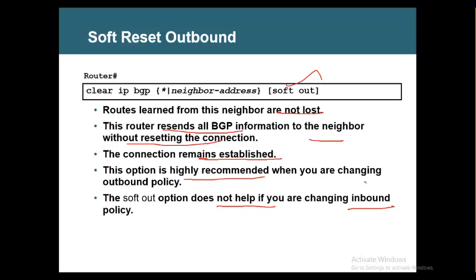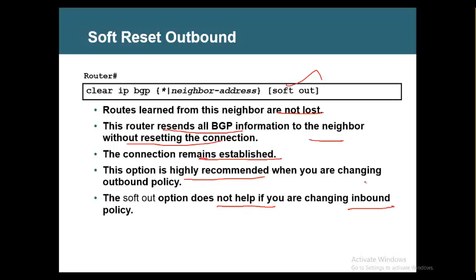Whenever you make some changes from in to out, you do the soft reset because it is in your control. Earlier you were sending information like A as in apple. Now you say, no, I don't like apple, let me use A as in avocado.